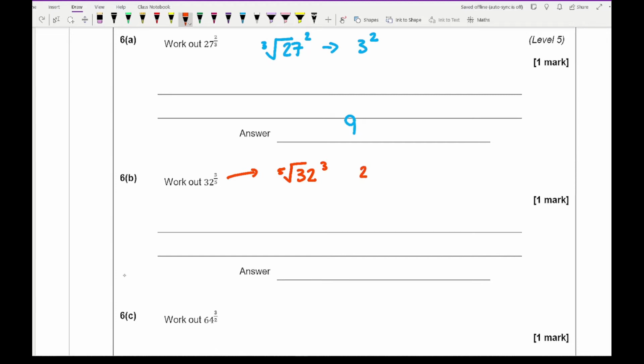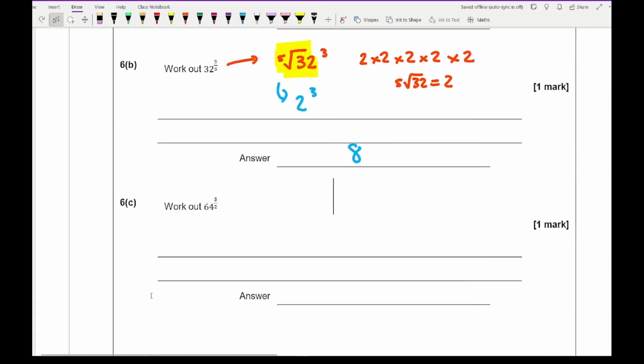So here we've got 2 times 2, which is 4, 8, 16 and 32. So the 5th root of 32 is going to equal 2. So if we deal with this bit first, that is going to equal 2. Then all I've got to do is cube 2, which is 8.